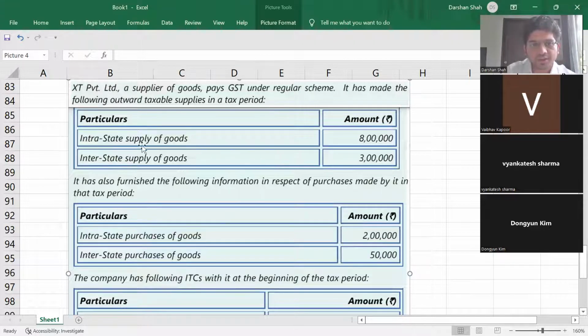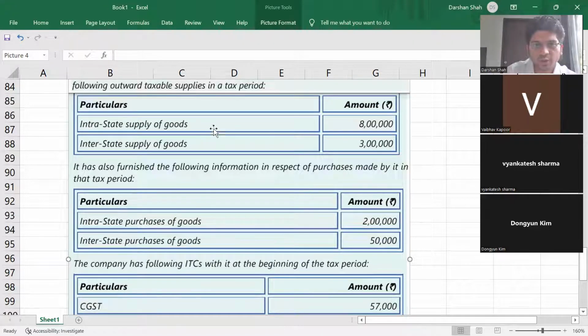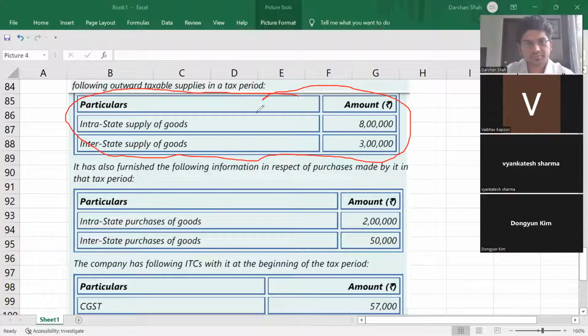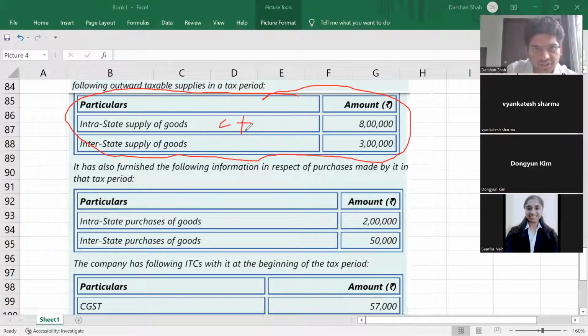Because it is supply, this is my output GST, and this interstate purchase is my input GST. Table 1 is the output GST. Everyone agrees? Here it will be CGST plus SGST, and here it will be IGST because it is interstate.